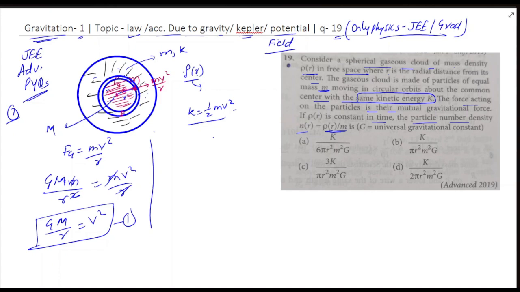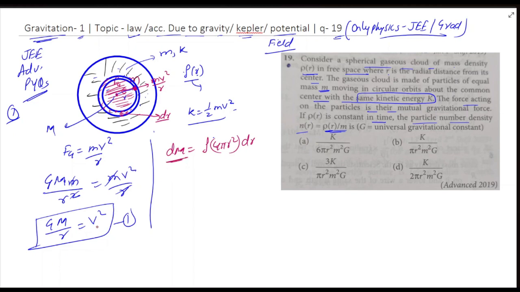The thickness is dr. So the mass of this integrating element will be dm is equal to rho into 4 pi r square dr. Now we have to find dm, then we will get our answer.